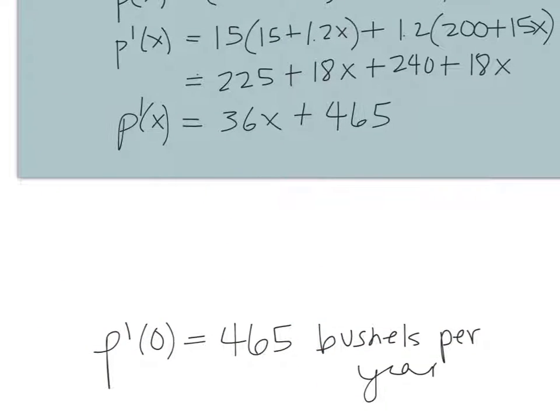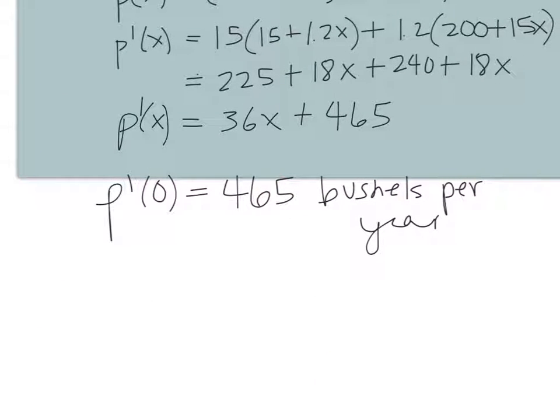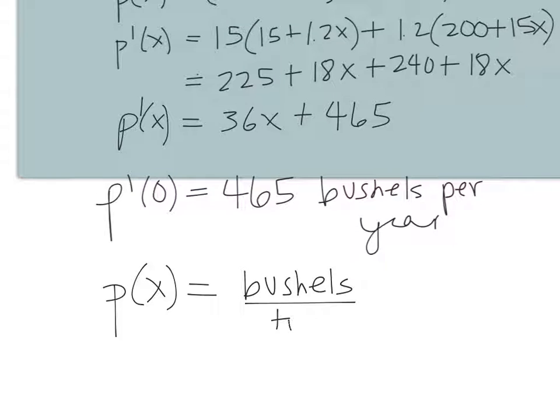No. Okay, let's look at it a little bit more. P of X, if we look at Y and T, it's Y times T. So it's bushels per tree, because that's what yield is, times trees, so these cross off. So P of X is just bushels. Everyone with me?